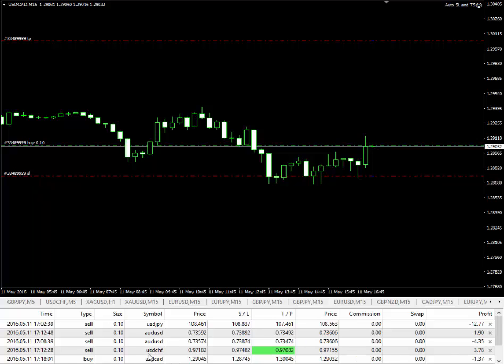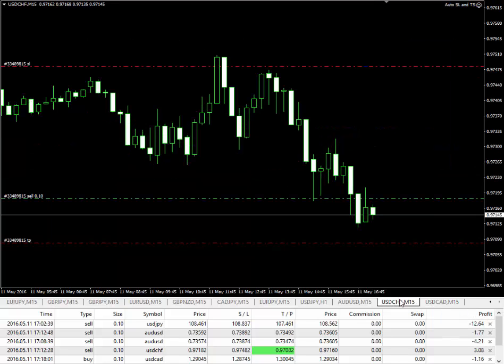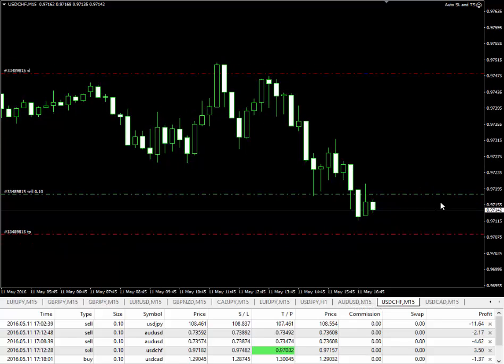Now this one is running in profit, USD Swiss franc. Let's see where it is. USD Swiss franc, this one. So how it's going.